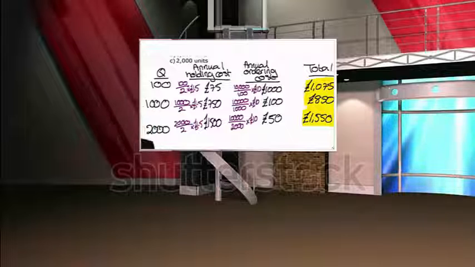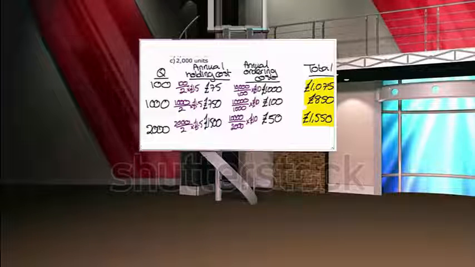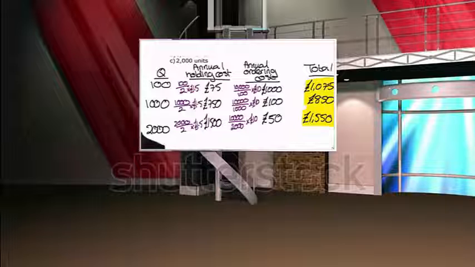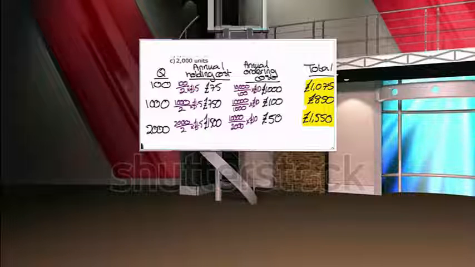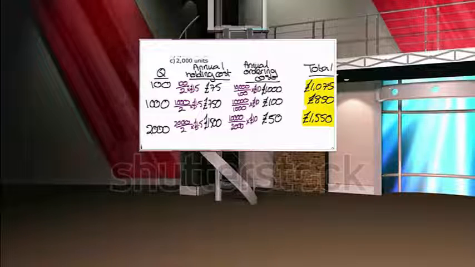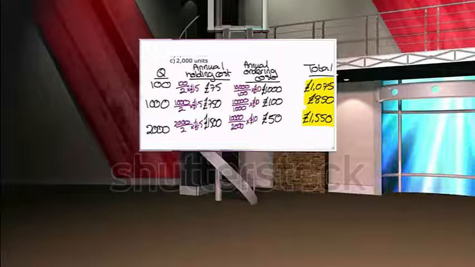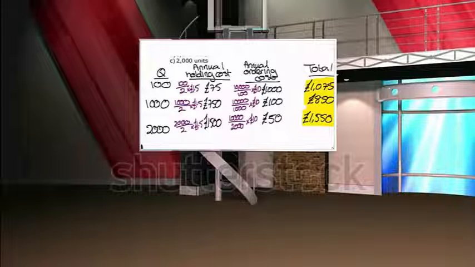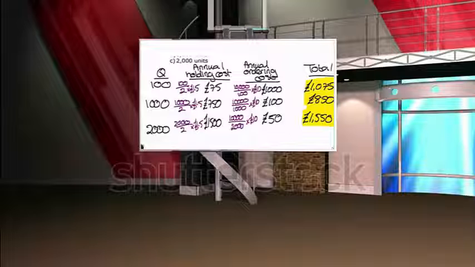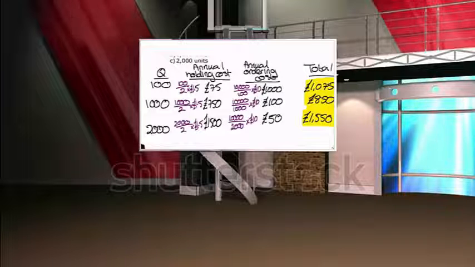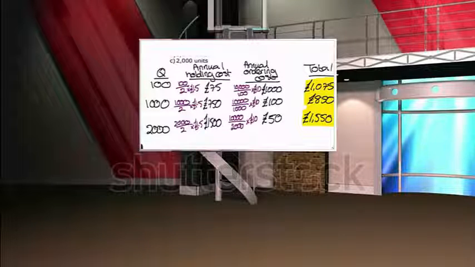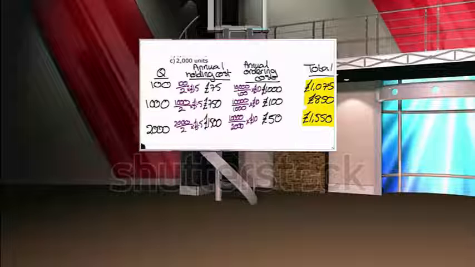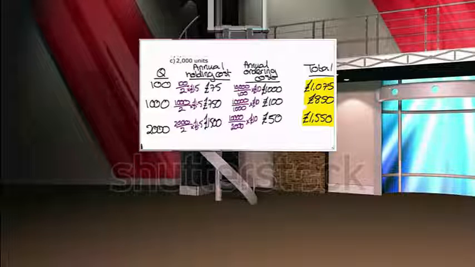Now we want to consider our three totals and try and use this information to tell us what is the optimal order quantity. We know as our order quantity increases, our annual holding costs have gone up. And as our order quantity increases, our annual ordering costs go down.